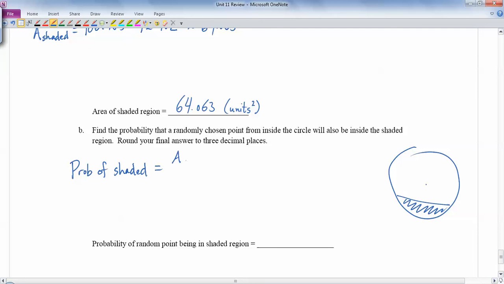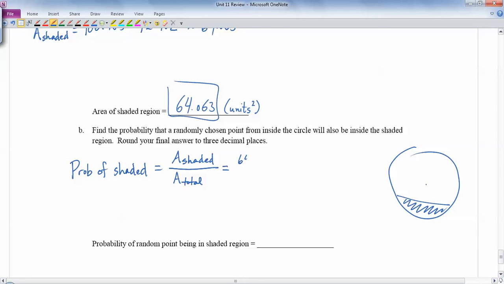In this case, it's the shaded region. So it's the shaded area over the total area, wherever you're picking your point from in the first place. The total area, in this case, is a circle. The shaded area we figured out in this part.